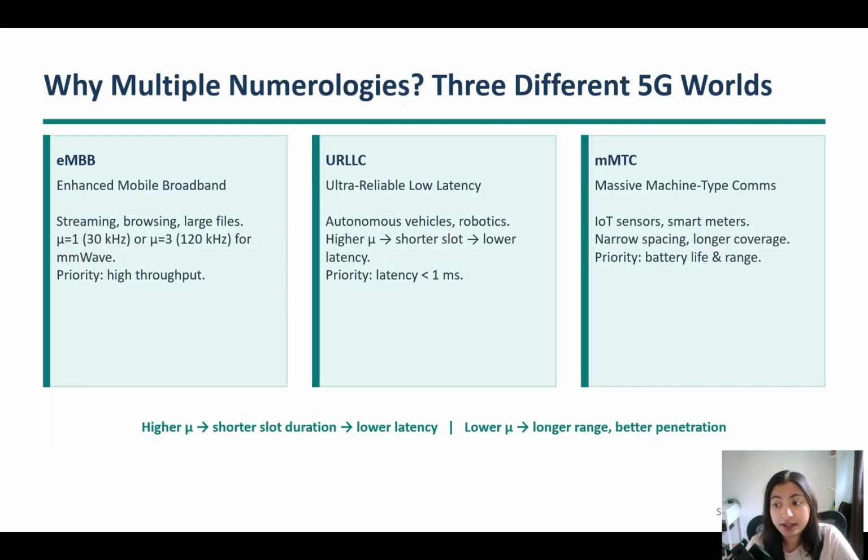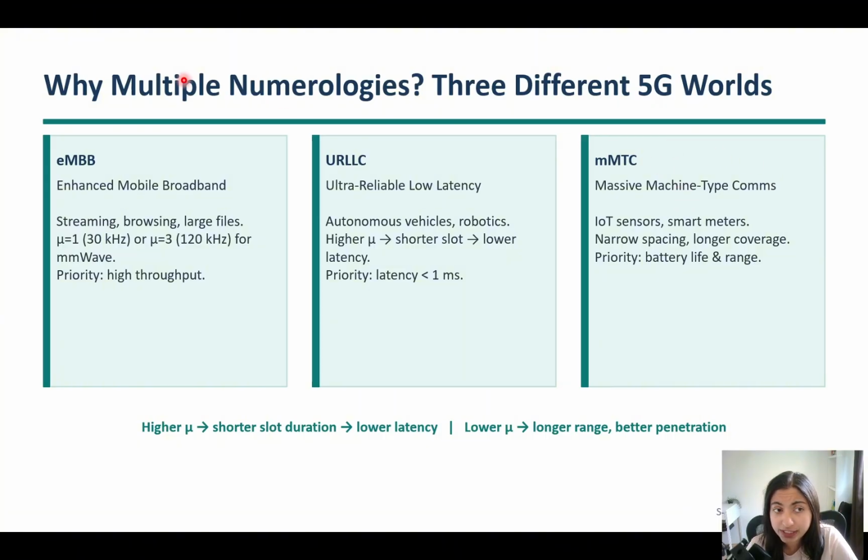Now you might ask, so why would you want these different subcarrier spacing? The answer comes down to the three main use cases of 5G, which we have discussed over and over in almost all of our previous videos. There is enhanced mobile broadband, low latency communication, and massive machine type communication, which involves thousands of sensors per 1 unit of a 5G cell.